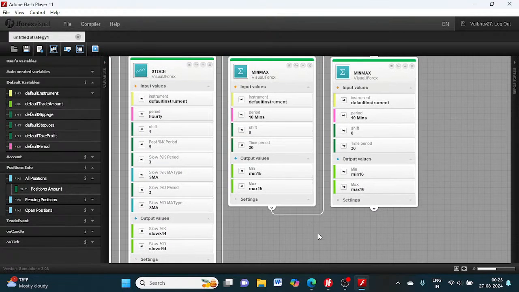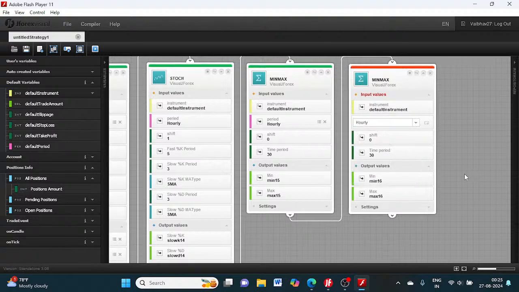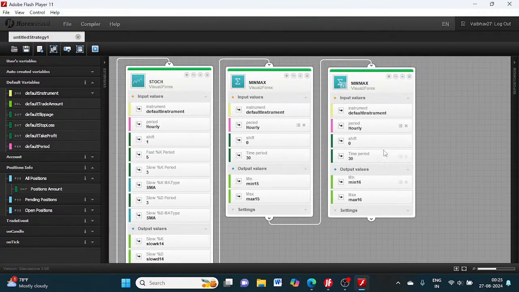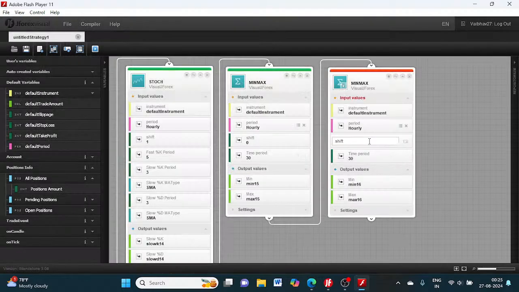What we need to do is do a comparison and change this candle grid to hourly, because that is what we are using for the stochastic as well. Okay, here it is. Then we need to do the comparison, and for that using prior candle period is going to be helpful.